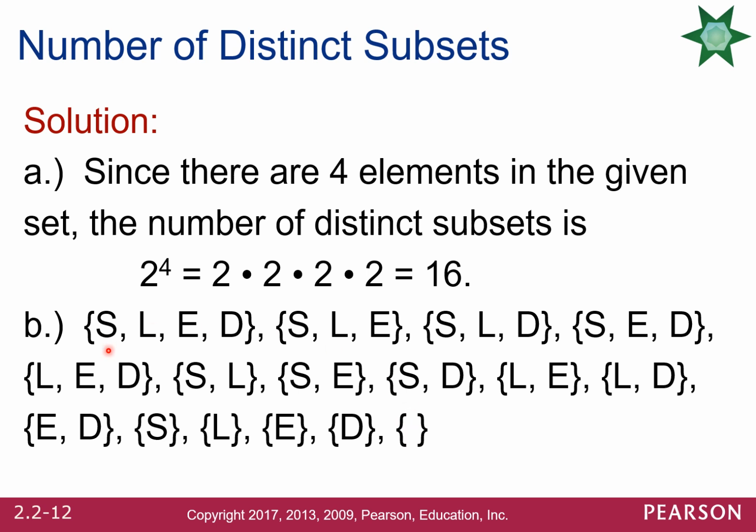So all of these together are 16 possible subsets that could be created from the 4 elements of SLED, and we have all the subsets listed out here. All right, so I'm going to now show you how we can create all possible subsets without missing any of them.